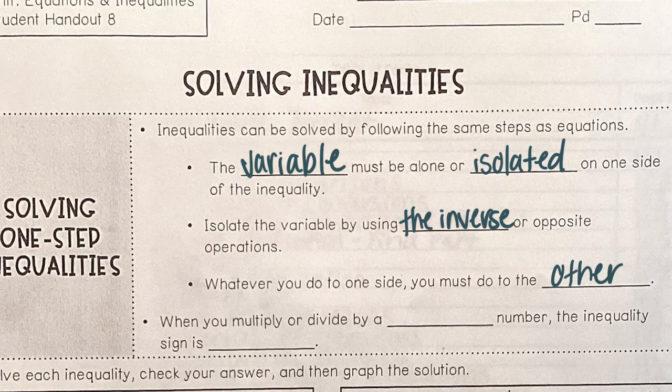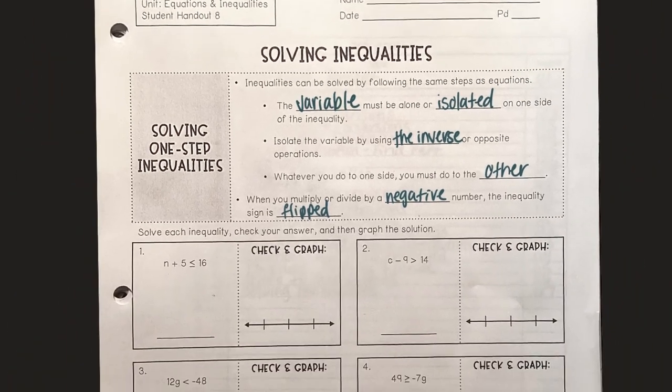However, you have your inequality symbol instead of an equal sign. One caveat or one thing that is different is when you multiply or divide by a negative number, the inequality sign is actually flipped, which we will practice on this notes page and together at the teacher table.